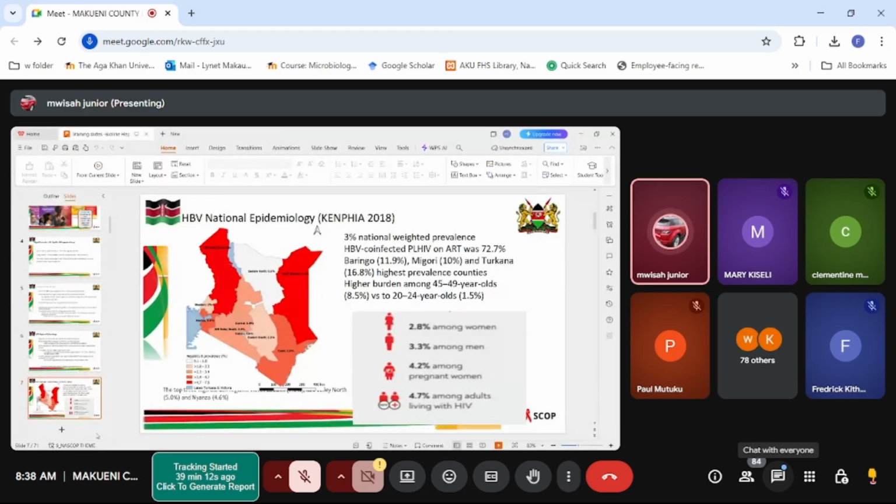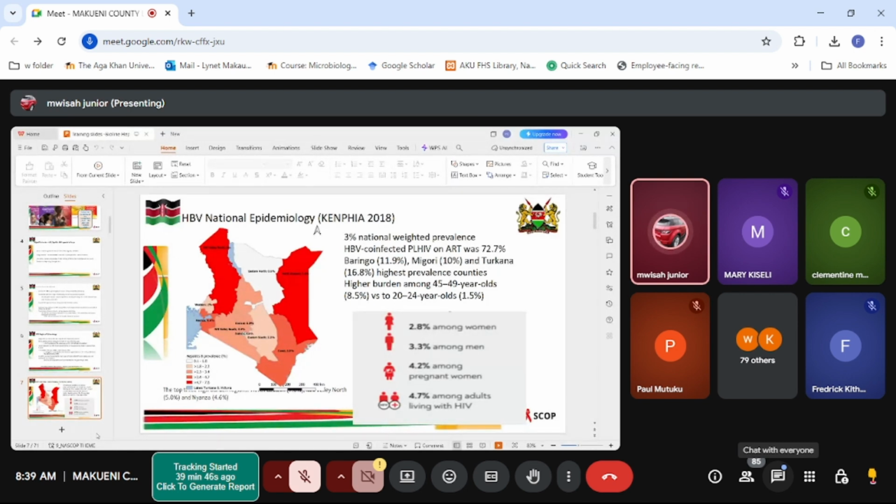This is how the epidemiology presents in our country. You can see the high burden areas, the ones in red around Turkana, and the low burden areas with 0.1 to 1.8%, that is eastern north. Baringo is at 11.9%, Migori 10%, and Turkana 16.8%.